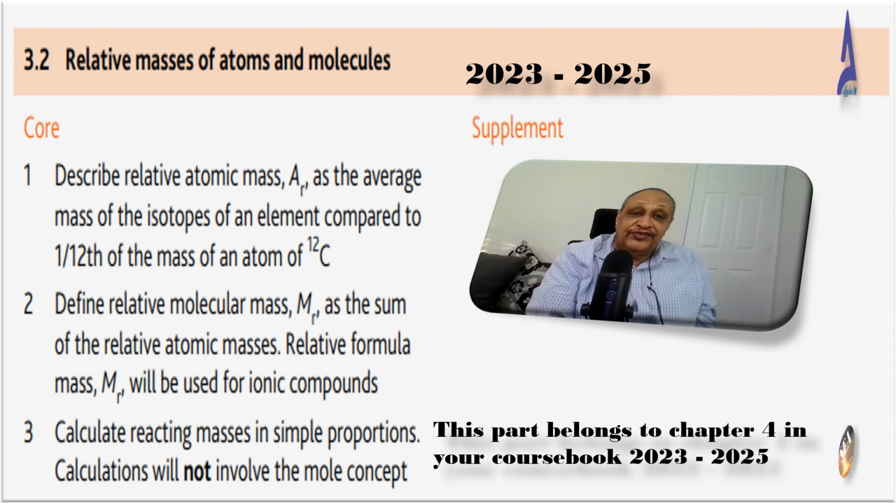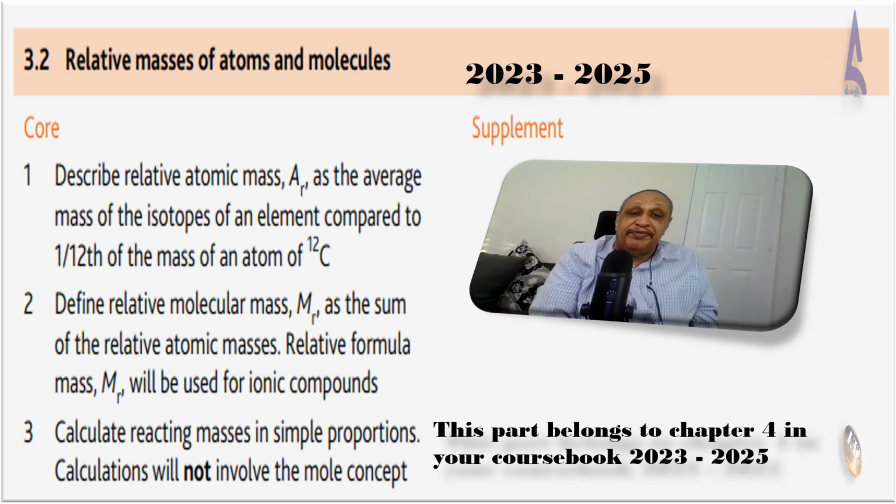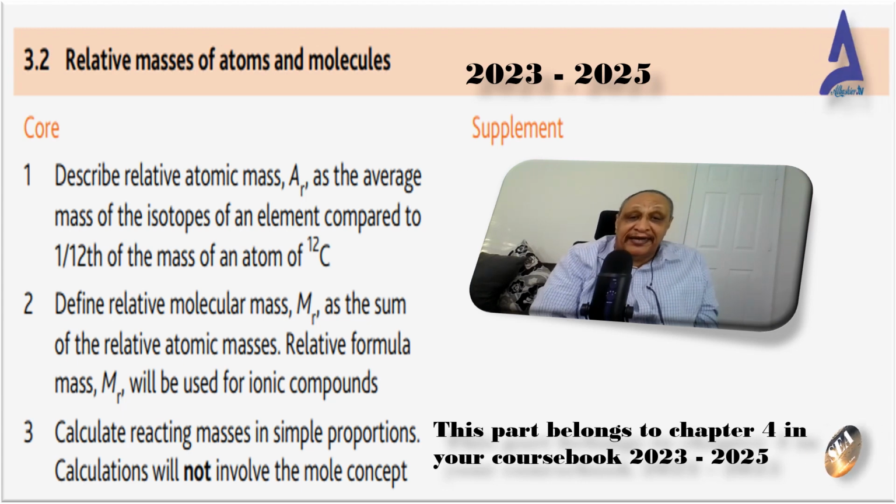The core has three main topics in relative masses of atoms and molecules. Describe relative atomic mass, Ar, as the average mass of isotopes of an element compared to 1/12 the mass of an atom of carbon-12.